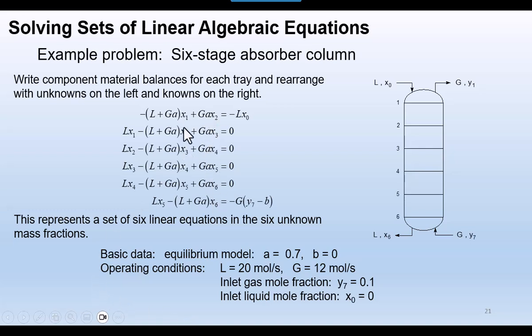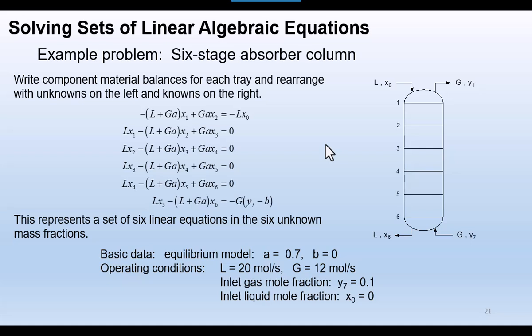So we have 1 through 6, and these are the equations that we have, and the only right side constants we have are for the x0 and y7, all right, because that is where we have our knowns coming in.